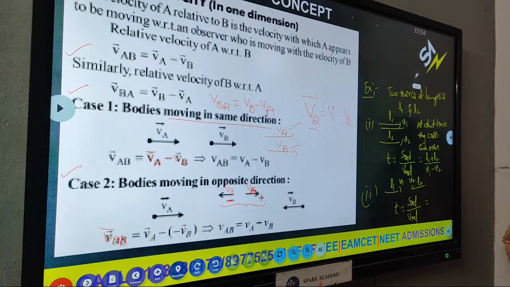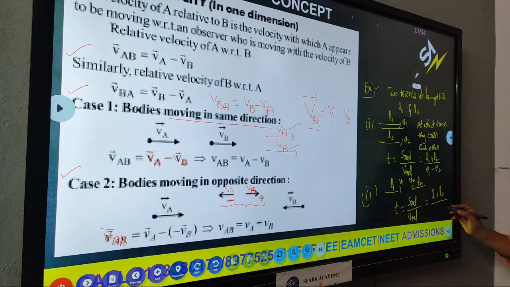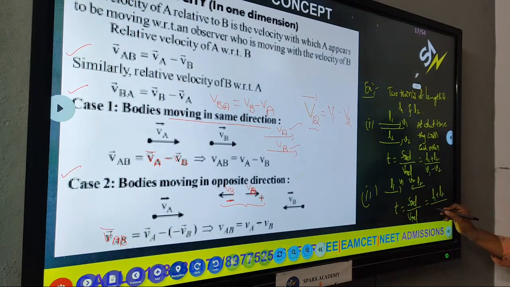So relative motion we need to consider relative distance by relative velocity. Here relative distance, as it is a scalar, we need to add, because when they cross each other, it travels that total distance. So L1 plus L2 by, when they are in opposite direction, this second case, we need to take V1 plus V2.